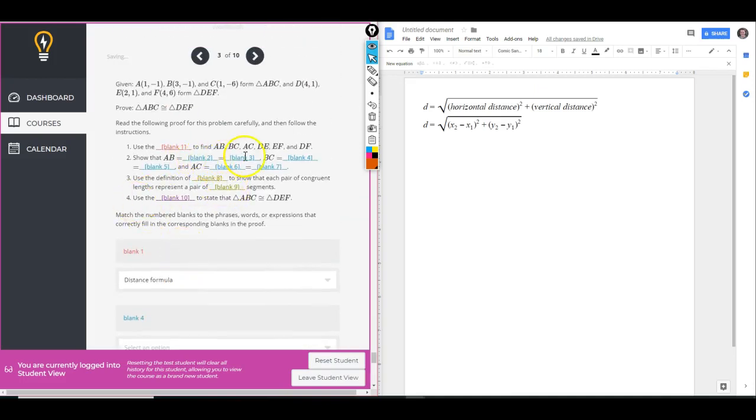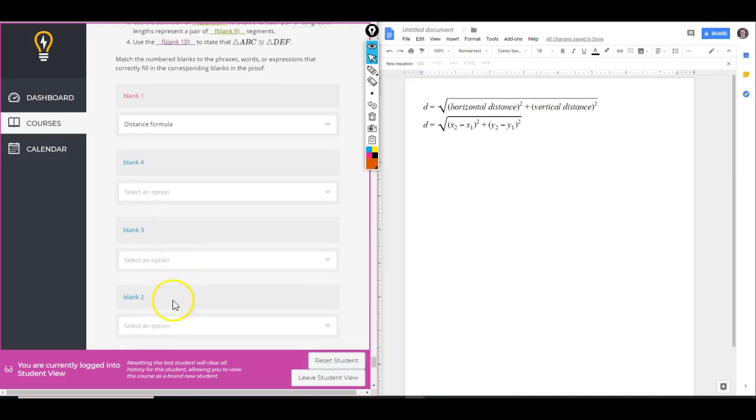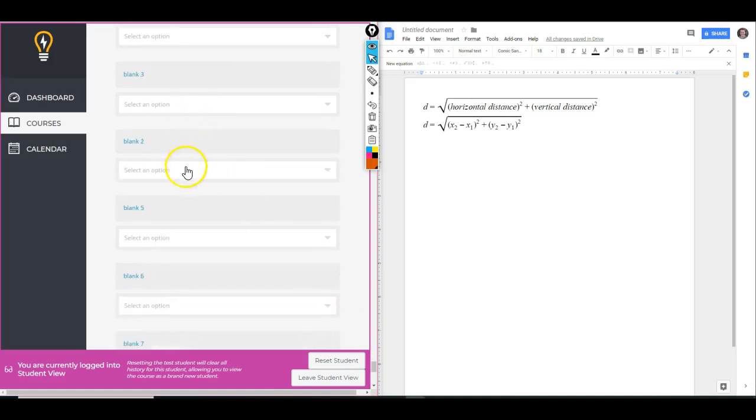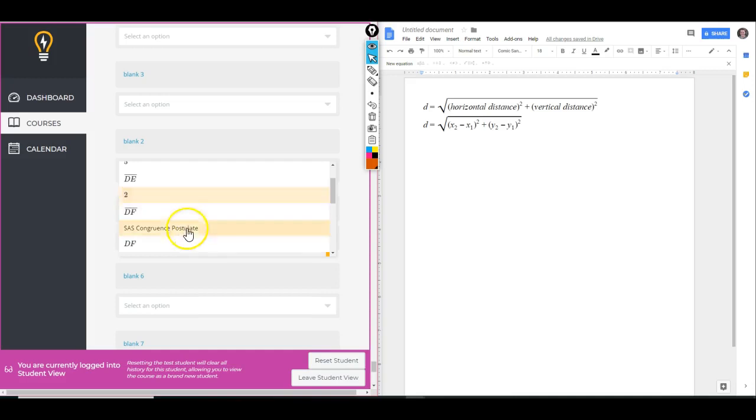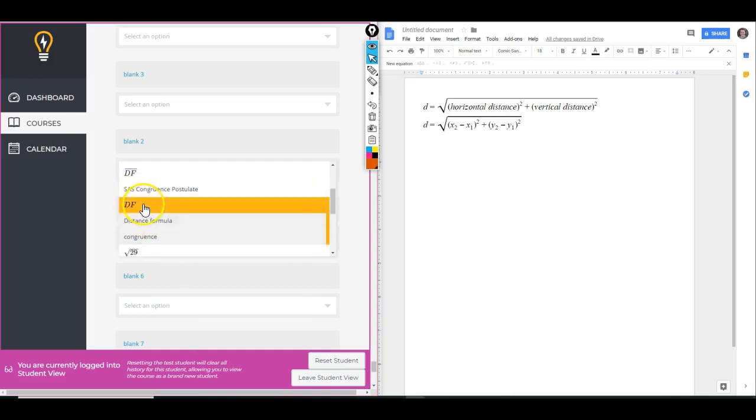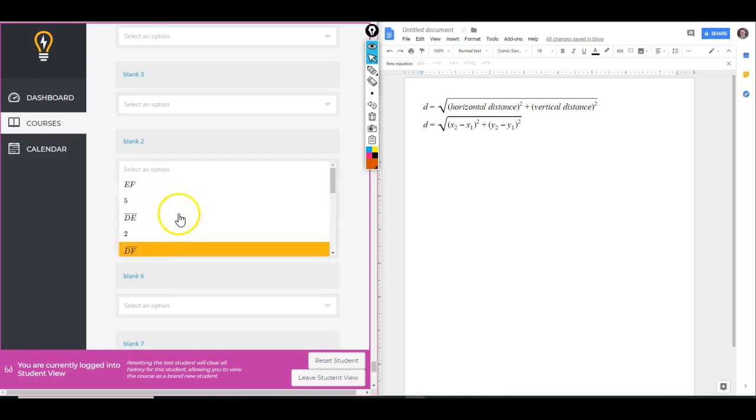Blanks 2, 3, 4, 5, 6, and 7. Now our options are going to be numbers and the corresponding segment length.